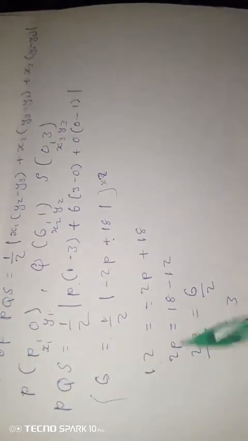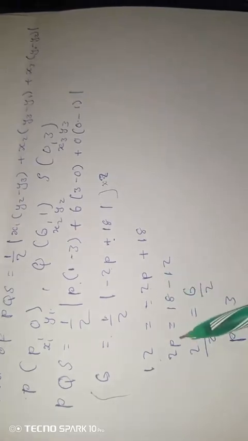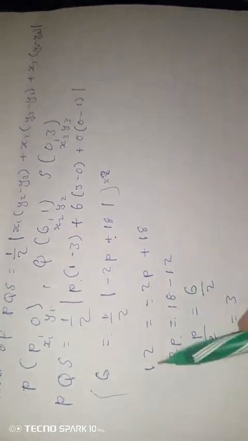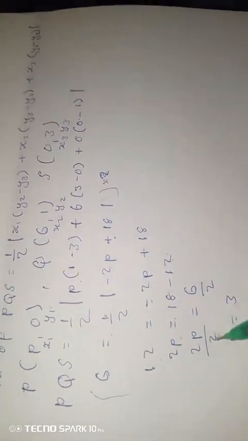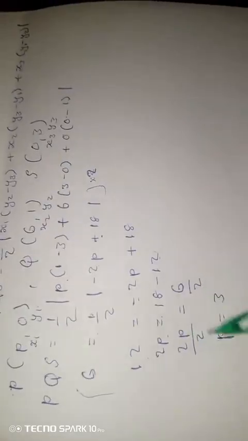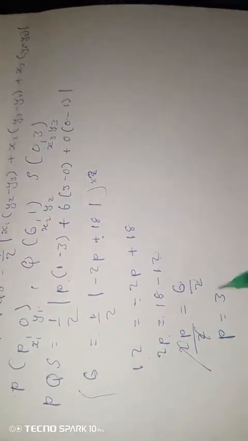So here we take negative 2p to the other side, so it will be positive 2p equals 18. This one comes to the other side, then it will be negative. Then 2p over 2 equals 6 over 2. Then we simplify, we cancel. So 2 into 6 is 3.